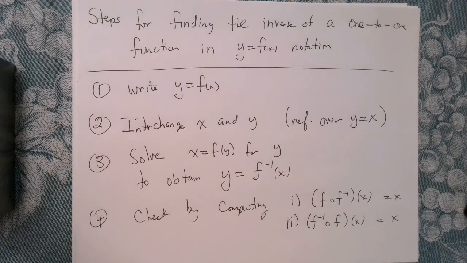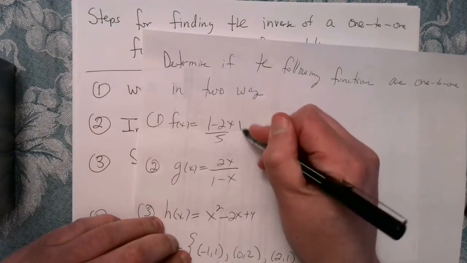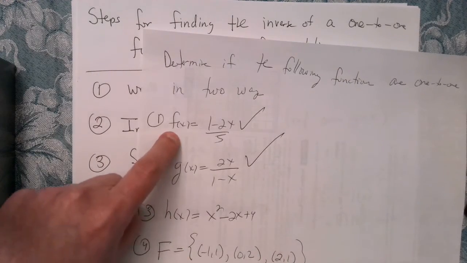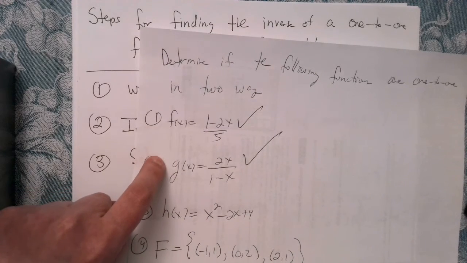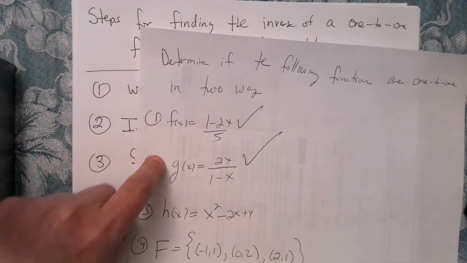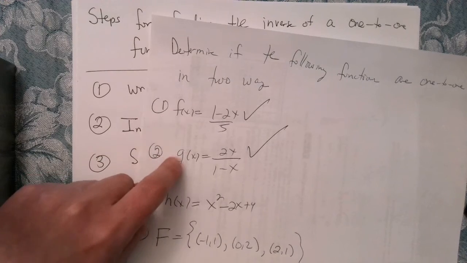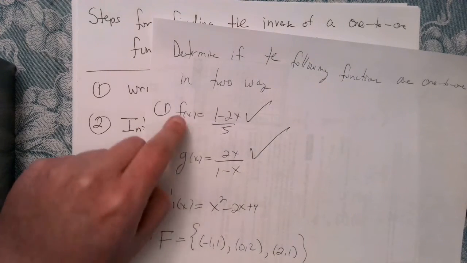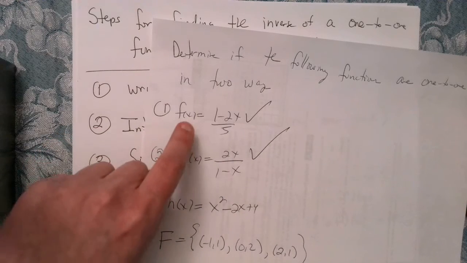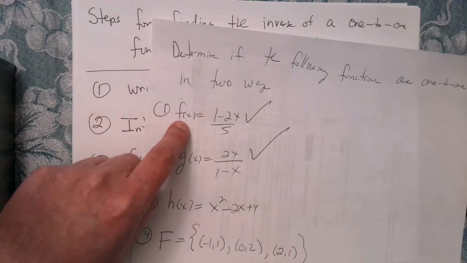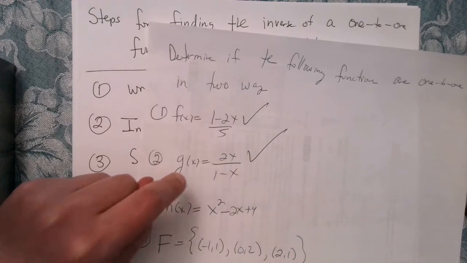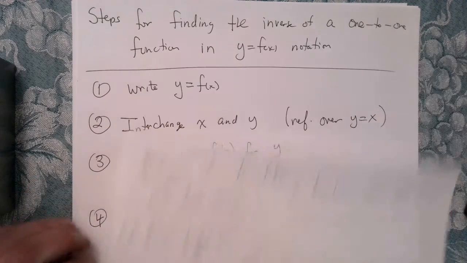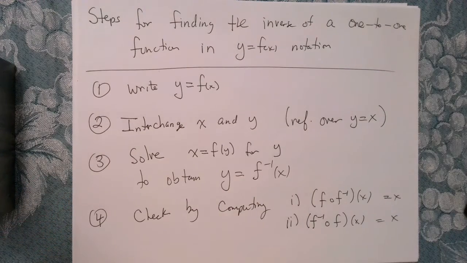Okay, so if you recall, going back, we proved that f and g were both 1-to-1. Since both f and g were 1-to-1, that means that they have inverse functions. So let's use these as examples to find the inverse. Let's find the inverse of f first, and then we'll check. And then we'll find the inverse of g and check. And we're going to use our steps.